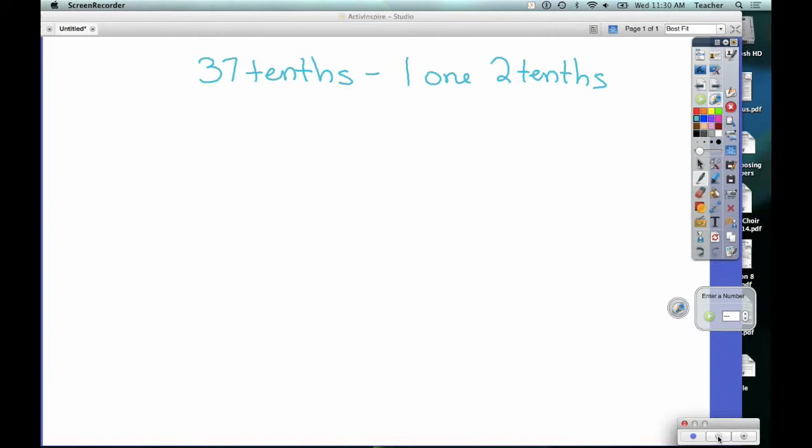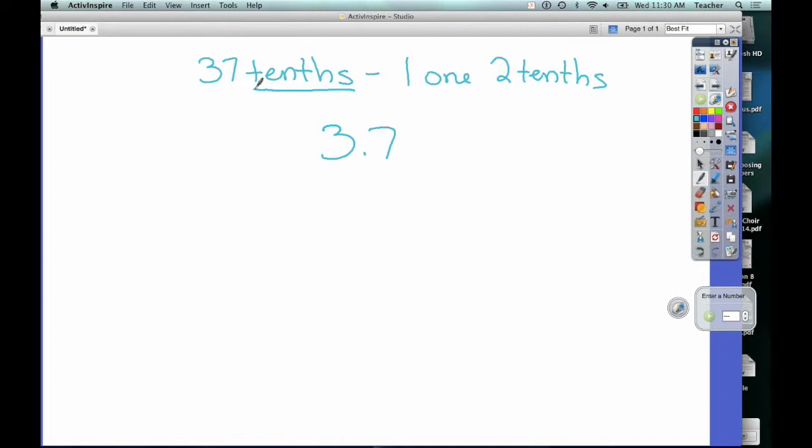3 and 7/10 is the same as what? The way to look at this, guys, is it's tenths. How many numbers are behind the decimal when you have tenths? 37.